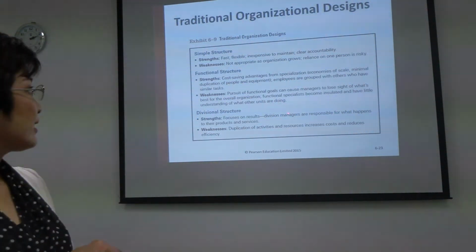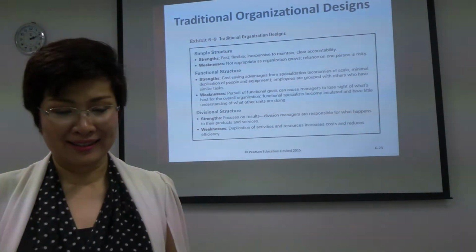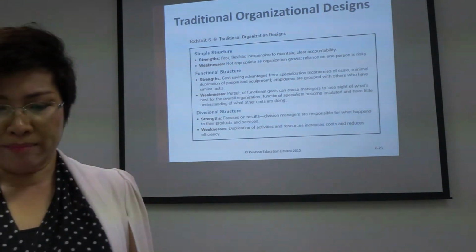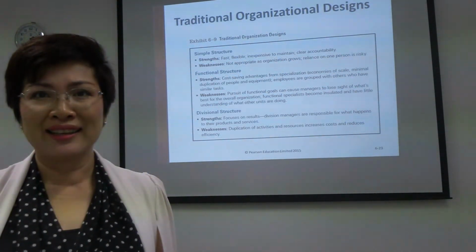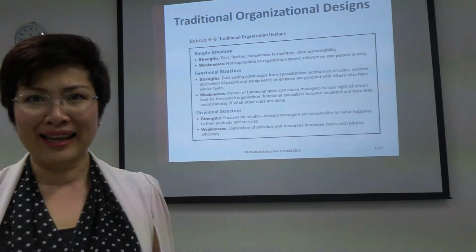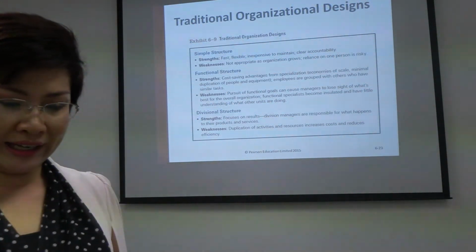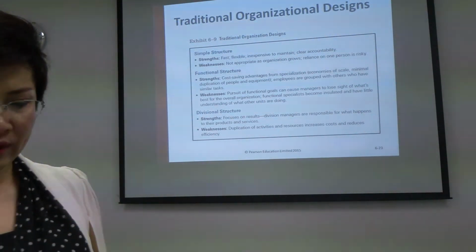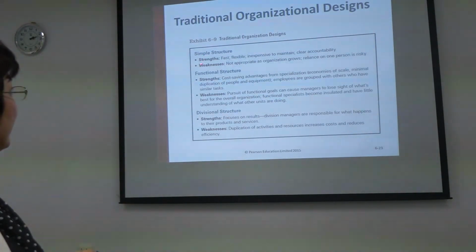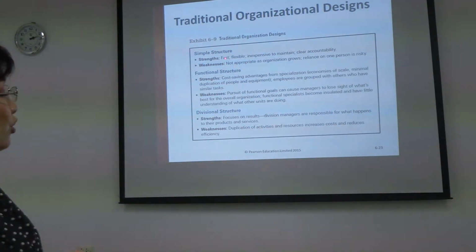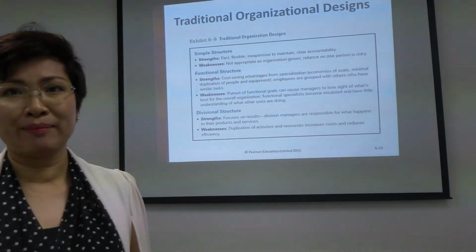All of these three tend to be mechanistic in nature. Here in exhibit 6-9 we see the summary of the strength and weakness of each. You can go through the strength and weakness of each structure by yourself.